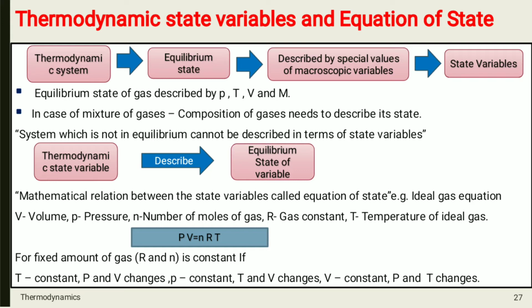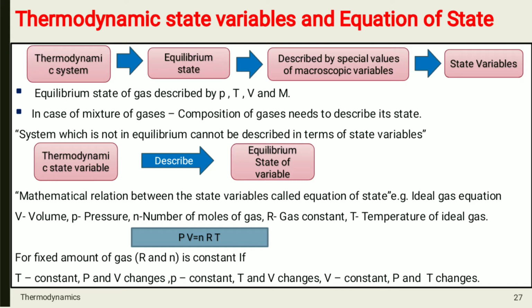Then when a system is not in equilibrium, we cannot describe it in terms of state variables. For example, you can consider bursting of an inflated balloon, which you have studied in earlier lectures. Inflated balloon इसका example है टायर. टायर में जो ट्यूब है in which air is filled under certain pressure or you can say high pressure, that is called an inflated balloon.